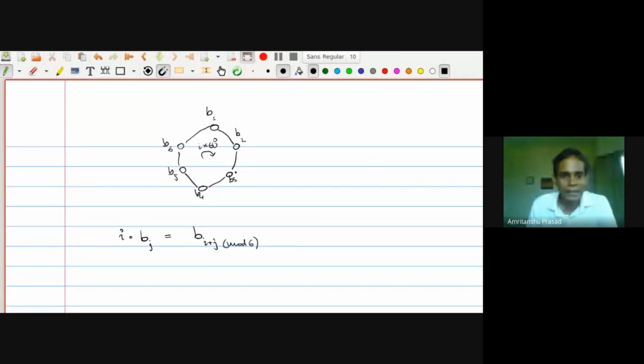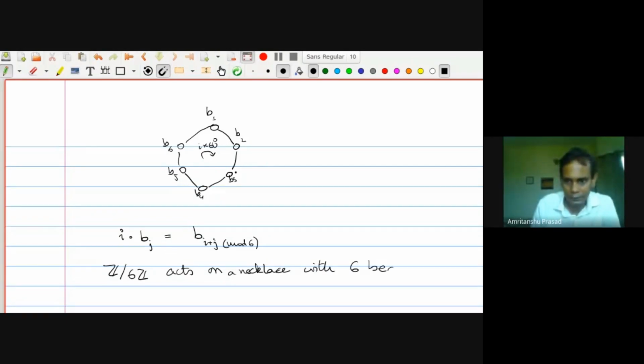So the group Z mod 6Z acts on a necklace with 6 beads. But you can have more complicated situations. Here's a more interesting example.